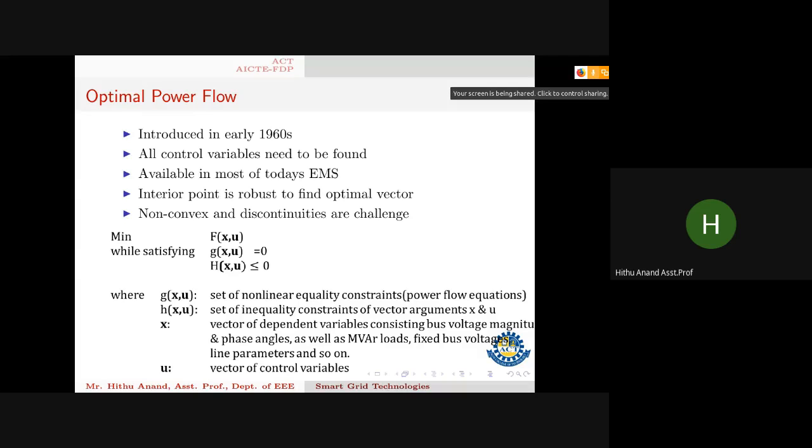The constraints involved in optimal power flow are equality and inequality constraints, and there are many. We can add the constraints and find the solution at a particular instant. But if it is dynamic, changing each hour, then we need faster algorithms. Still, we are not in a position to find an algorithm that will give optimal power flow solutions.